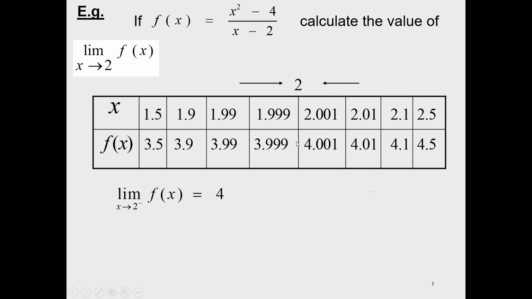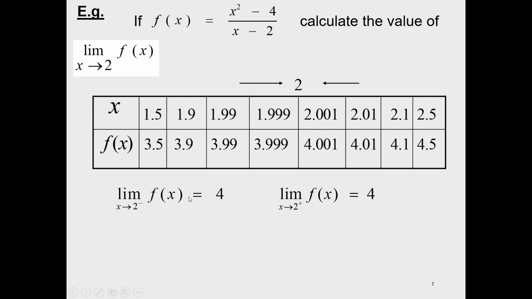That means the number here is 4, right? So we can see when we approach x equals 2 from the left-hand side, we get 4. And similarly, when we approach 2 from the right-hand side, we also get 4. The number here is 4.